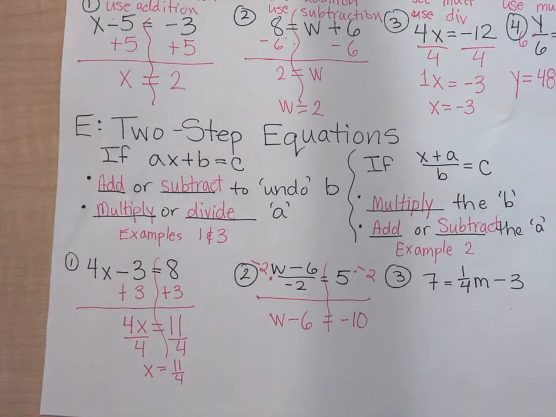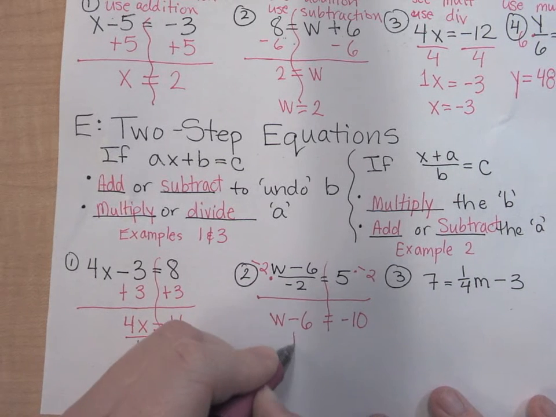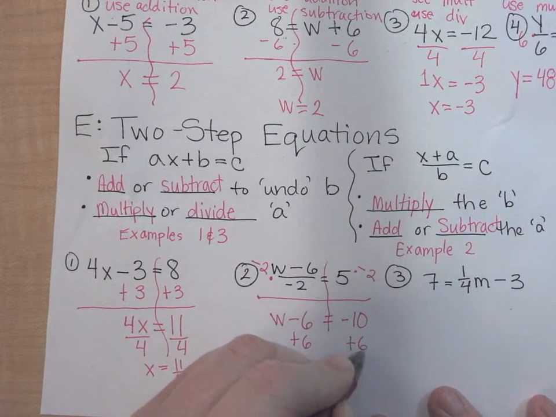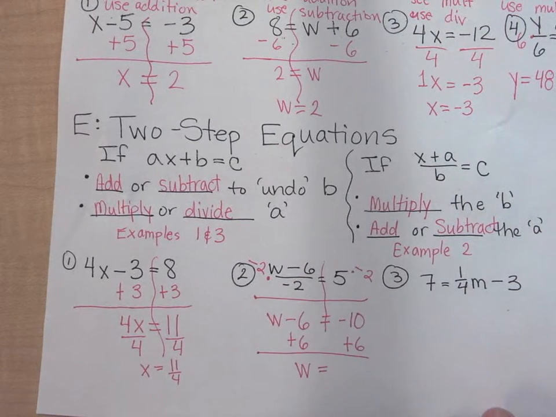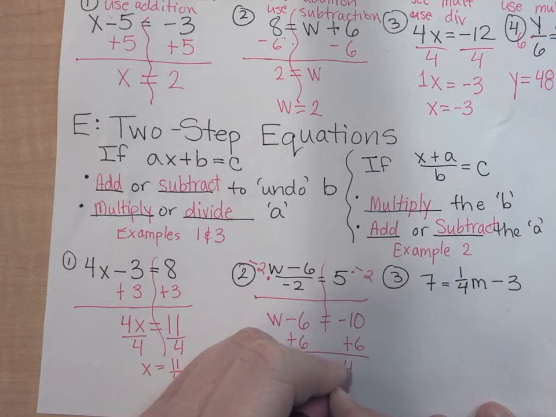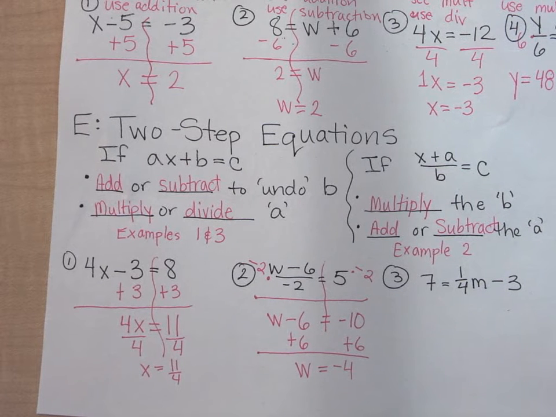So I've eliminated my denominator by multiplying. And now am I going to add or subtract? You add 6 to both sides. We're going to add 6 to both sides. And we get that w is equal to -4. Awesome. All right, so it's still just 2 steps. It looks different, it looks more complicated, but it's still just following those 2 different steps.